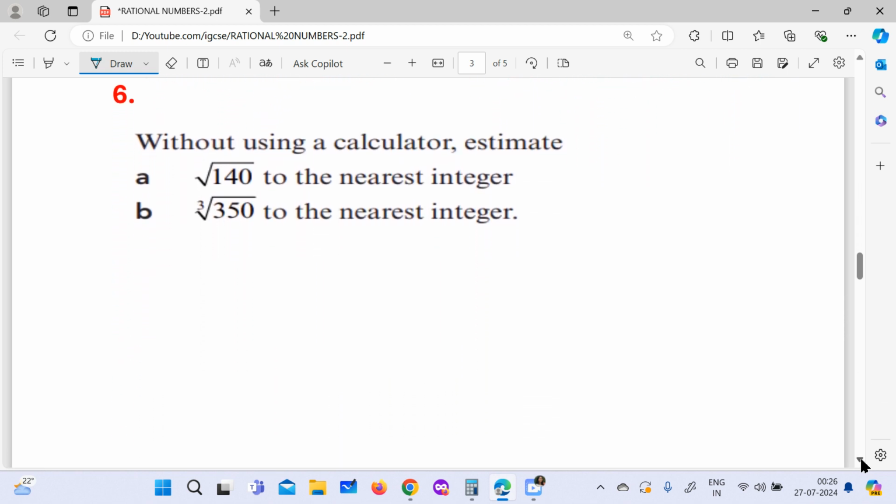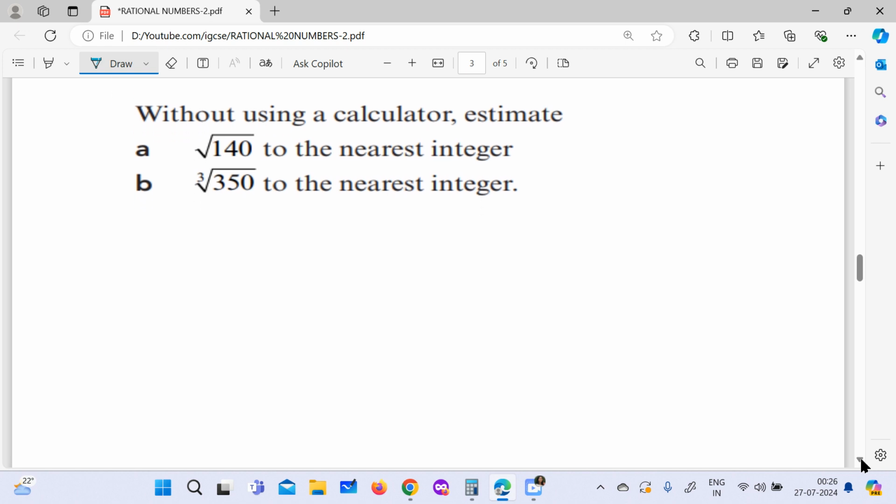Another important question. So this question is, without using a calculator, estimate square root of 140 to the nearest integer. Okay, so let's do that. 140, so this is about square root. We will write all the square numbers.